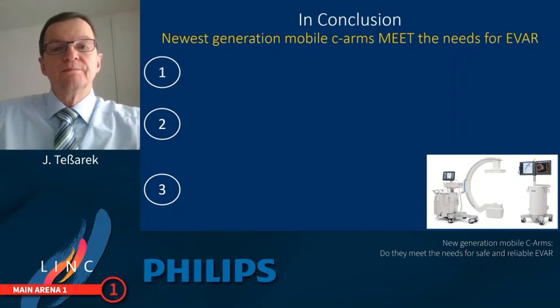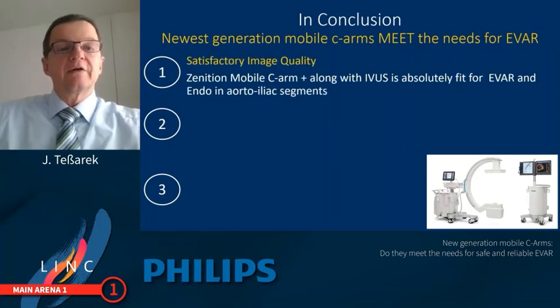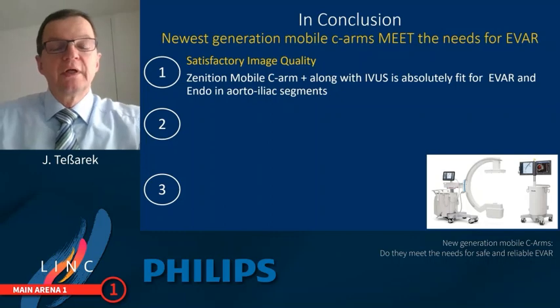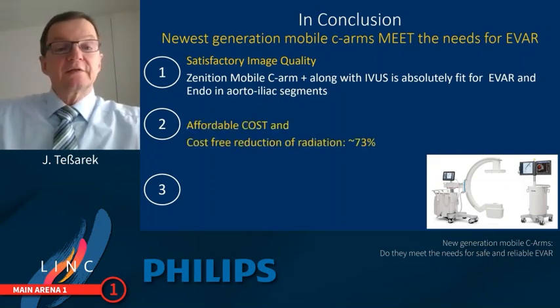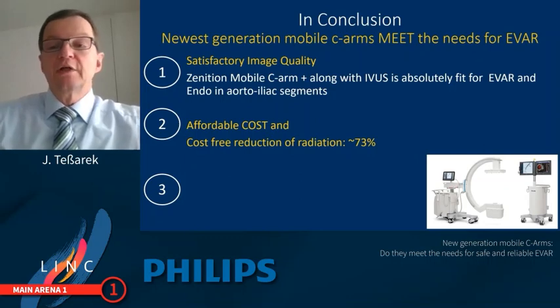So in conclusion, the question, does the newest generation mobile C-arms meet the needs for EVAR, can be answered with yes. We have satisfactory image quality, we have absolute reliability, and the combination of IVUS and mobile C-arm is absolutely fit for EVAR and endo procedures in the aortoiliac segments at affordable costs and at cost-free reduction of radiation for around 73%.